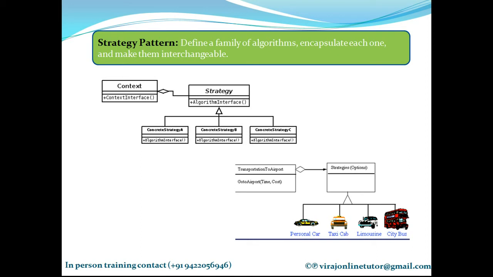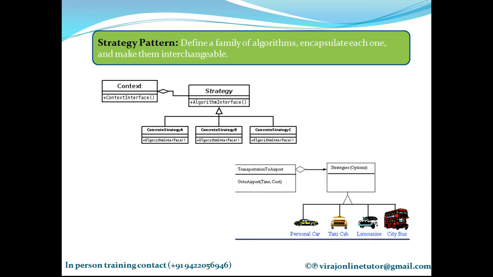So all these four classes or options are related because all of them take me from home to airport. But what is different in them is their behaviors. One is a personal car, one is a cab, one is a limousine, one is a city bus. So the behavior is different, but the route requirement they are satisfying is the same.